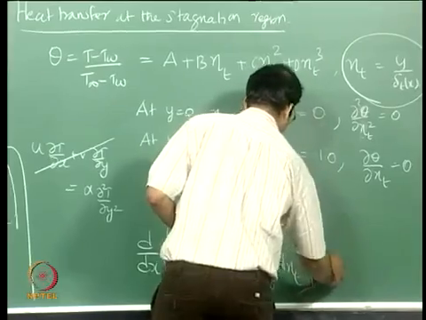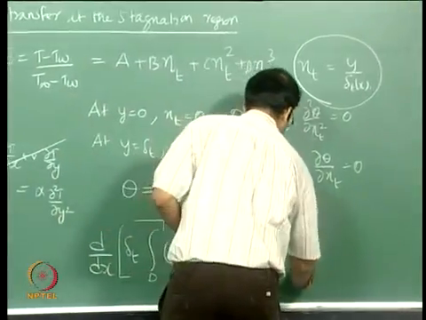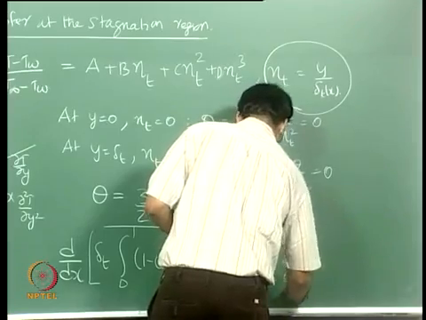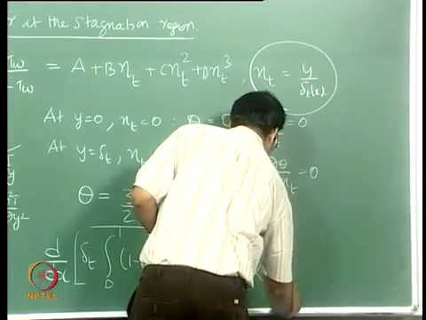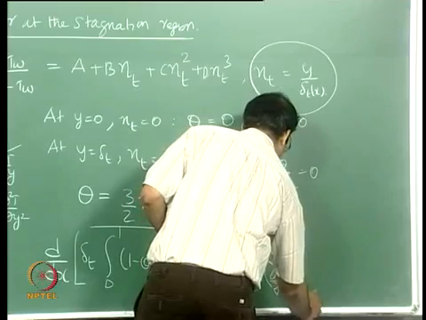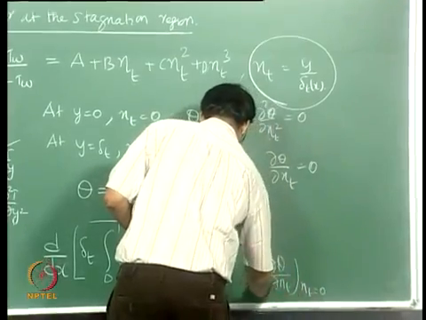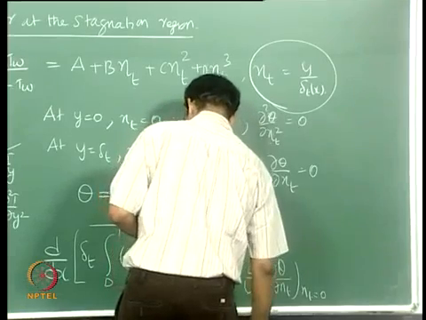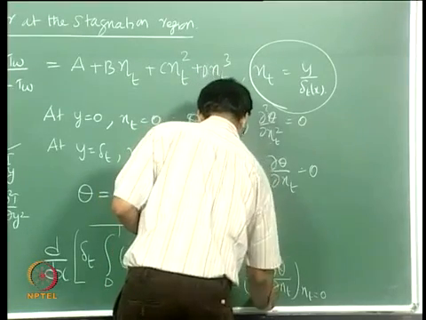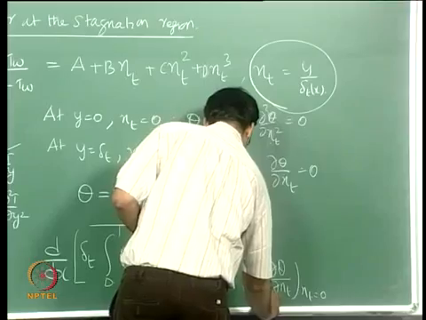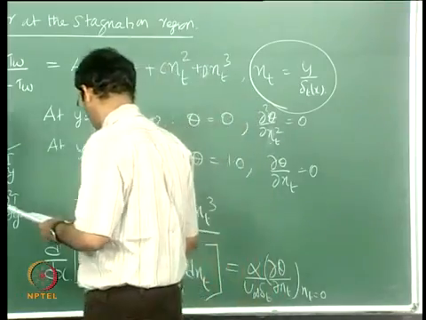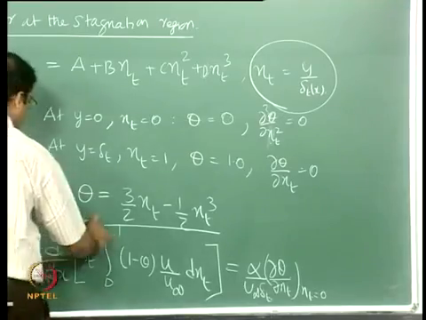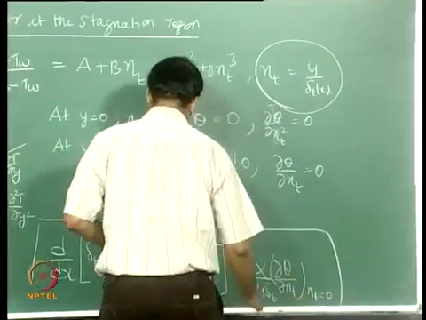On the right hand side you have alpha d theta by d eta t at eta t equal to 0, and from the transformation of variables you get u infinity into delta t. So this is your energy integral expression.